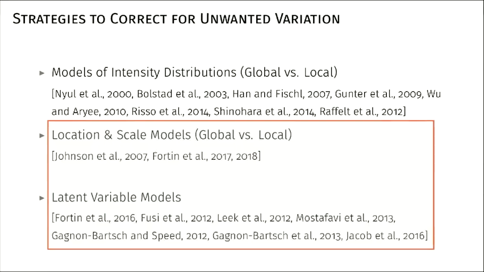Okay. And there's a really wide range of work on a lot of these methods, not just in neuroimaging. In fact, experimental biology and microarray studies had to deal with these kinds of batch effects 15, 20 years ago. So they're a bit more advanced in having developed methods to address these.